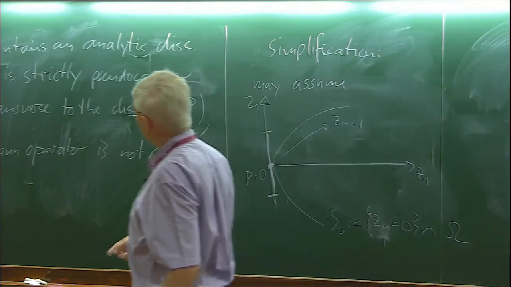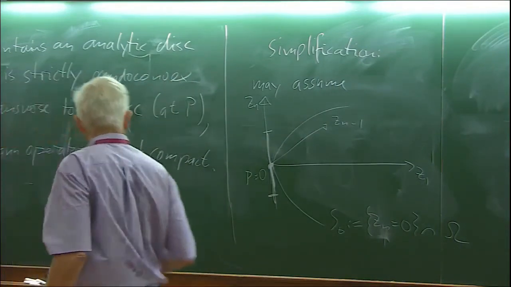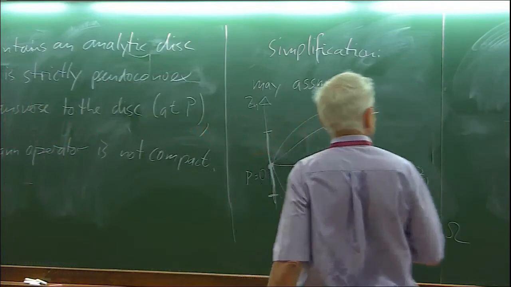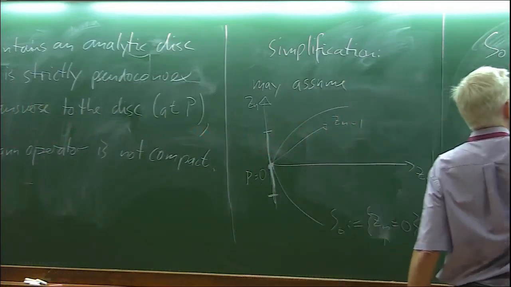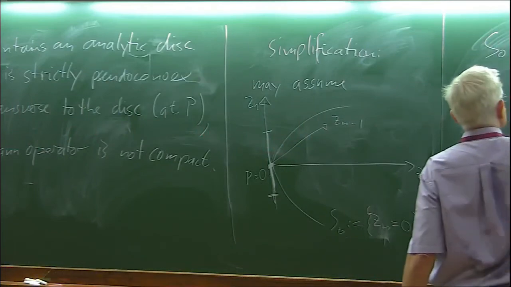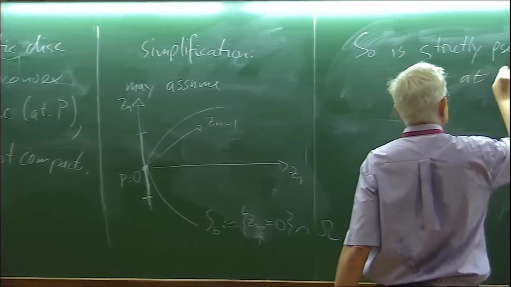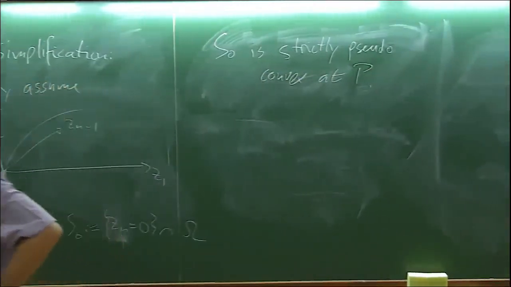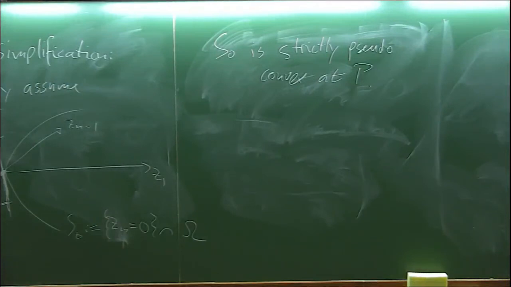And by the condition here, this will be strictly pseudoconvex at P. Right, in this direction we have the 0 eigenvalue. The other eigendirections are orthogonal, so they're going to be in the C1 through Cn minus 1 directions. Okay.